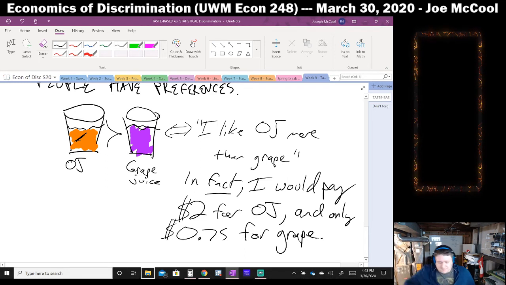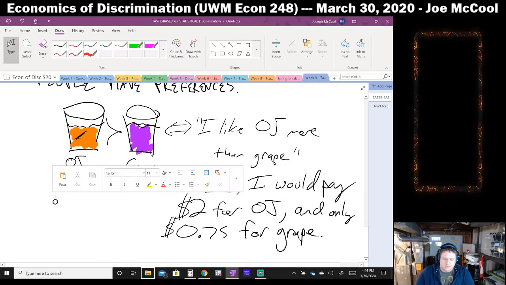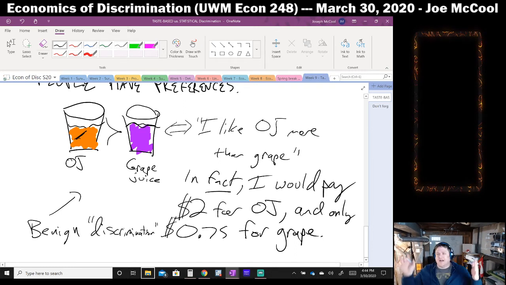So, all things being equal, if you're going to give me 2 cups of juice, then the strength of my preference for orange juice is $1.25, right? So we use that as the way that we model discrimination. In the case of juice, this is pretty benign, right? This doesn't matter. Benign discrimination.